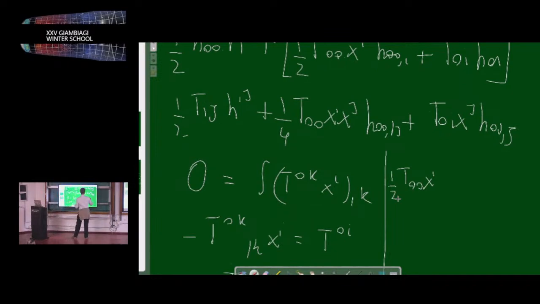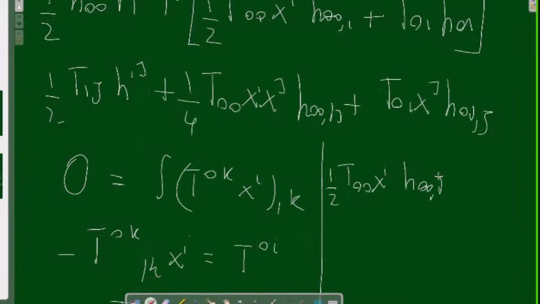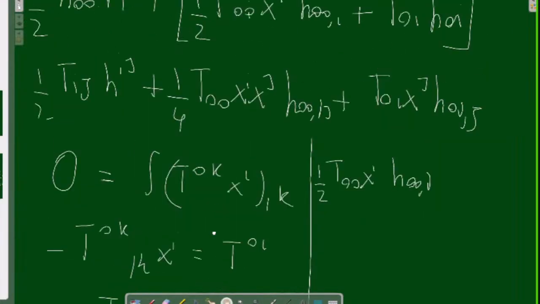To H00,I, and here I trade this T0I xj. No, sorry, I was trading this. I traded T0I for a t dot.